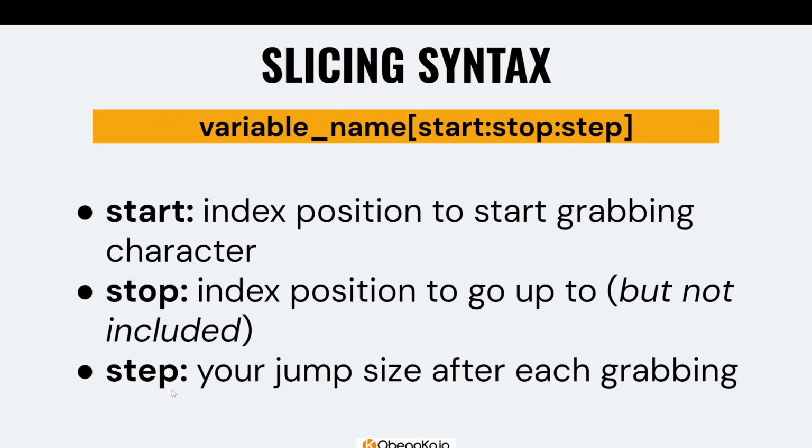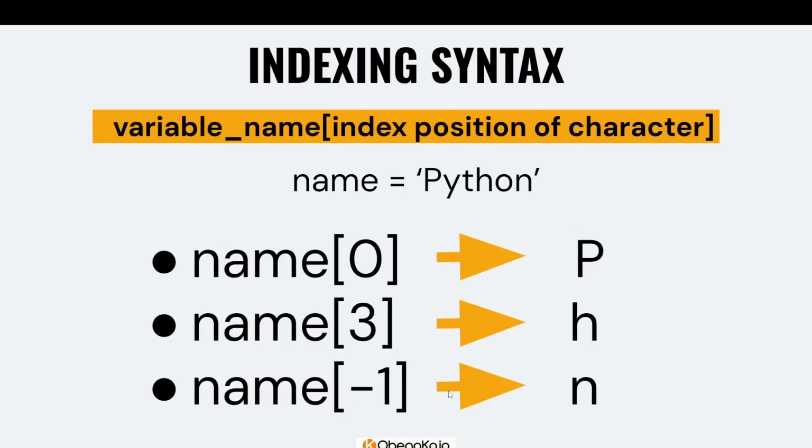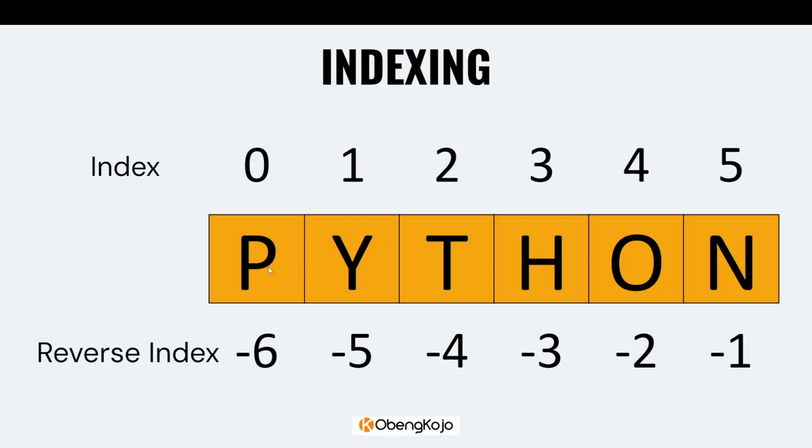And then the step is the number of jumps you would want to make after grabbing each character. So if we come here, let's say we want to grab P and T and then O, PTO. What we do is put a start of 0 to get that, and we are going to place a stop of 5 because we want the entire length.